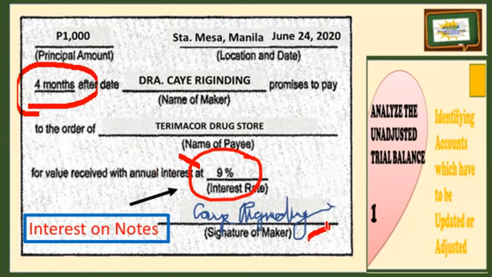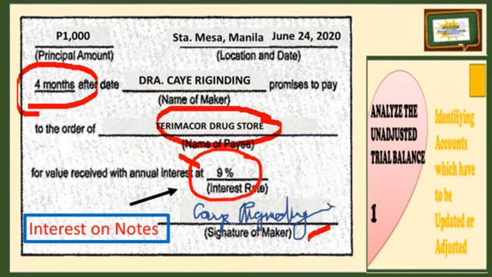To the maker of the note, it is an expense. If Dr. Riginding has a business, she could record it as an expense. Now, from the point of view of the RIMACOR drugstore, this is an income. The borrower incurs interest expense, and the lender, the RIMACOR, generates revenue.